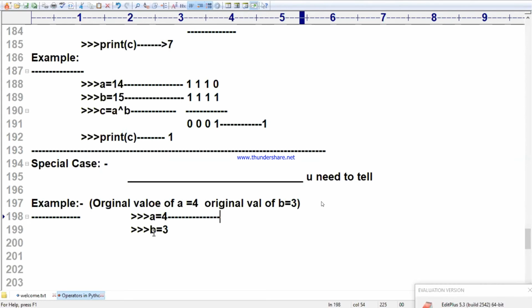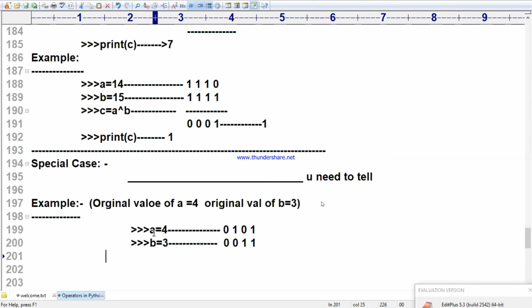Now I am writing the binary values. The binary value of A is 0 1 0 0. The binary value of B is 0 0 1 1.